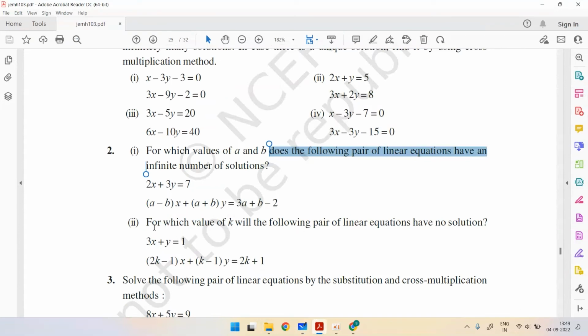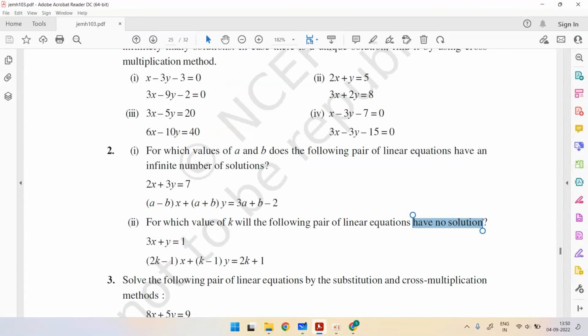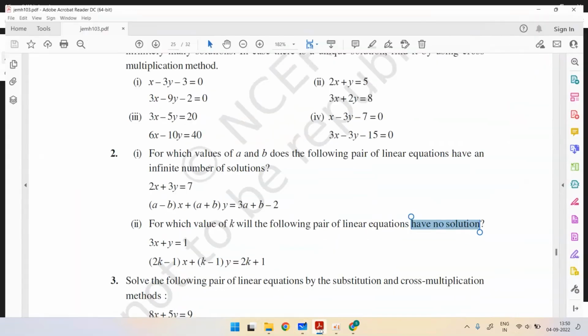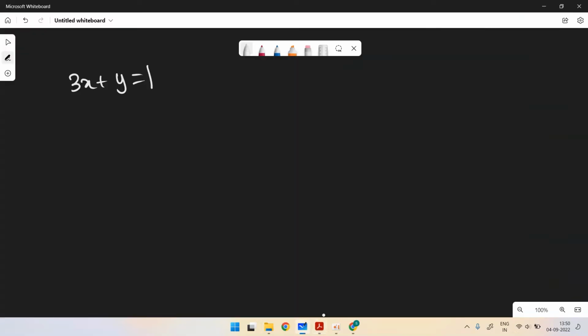What is the next question? It is for which value of k the pair of linear equations will have no solution. So the equation is 3x plus y equal to 1, and (2k minus 1)x plus (k minus 1)y.